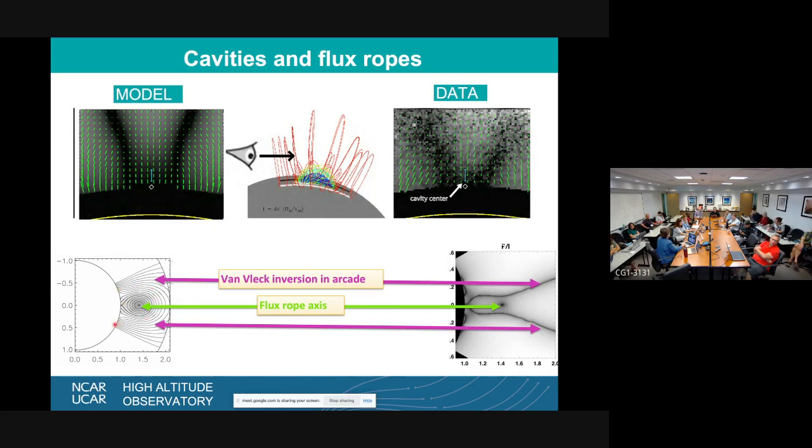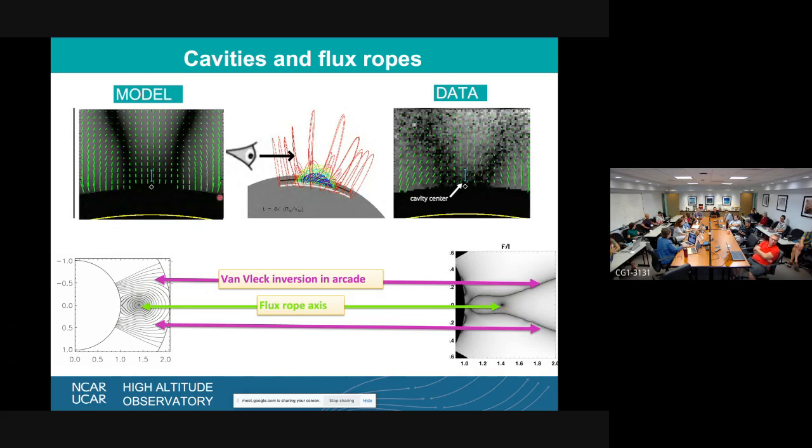Okay. So this out here is like an arcade-like field. So the Van Vleck angle here is showing up because that's when that arcade-like field is at 54 degrees. You get into a flux rope and now you have these circular cross sections. So the field's kind of getting bent, and that's bending the Van Vleck angle like this. Okay. And then right at the center, you have this other effect, which is the line of sight field, which is giving you this dot.